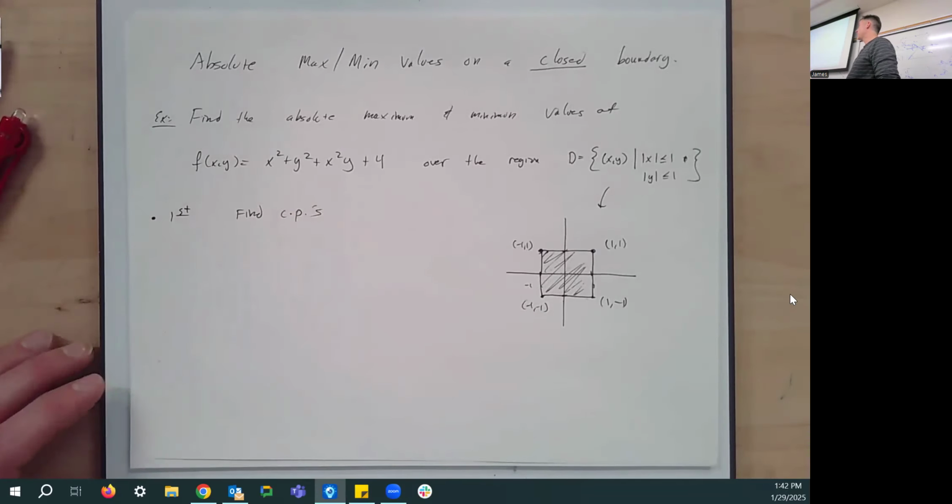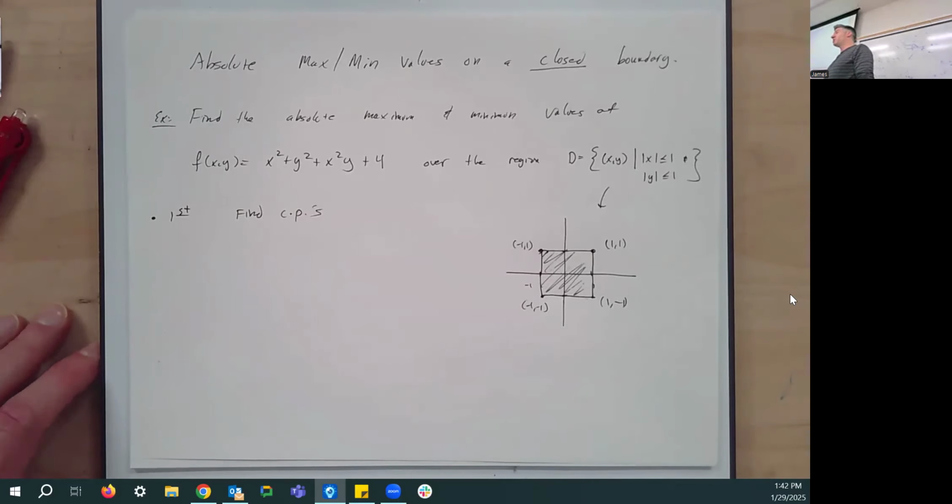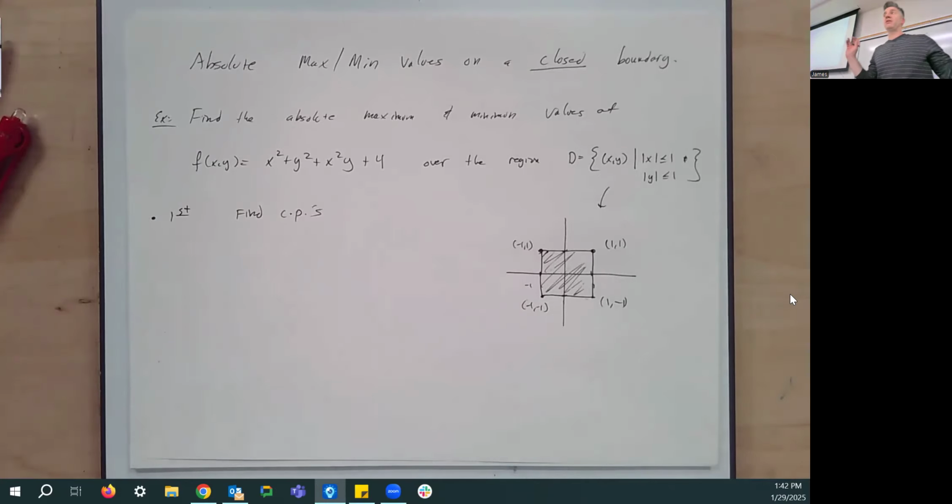I'll point out, none of this is going to happen generally, but if, for example, we got a critical point that was, say, (2, 0), that would not be something we worried about because (2, 0) isn't in the domain we're looking at. So the critical points you get have to be in the domain to be valid. Just like back in 17A when you found the absolute maximum or minimum of a function on a closed interval, if you had points outside of that interval, we did not consider them.